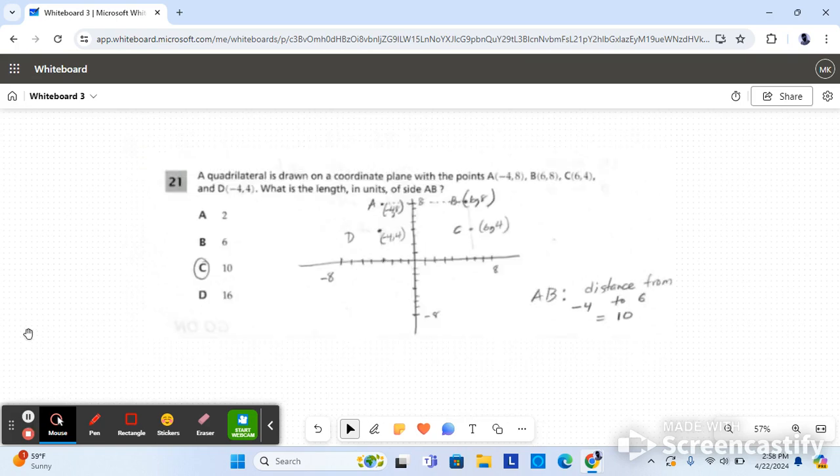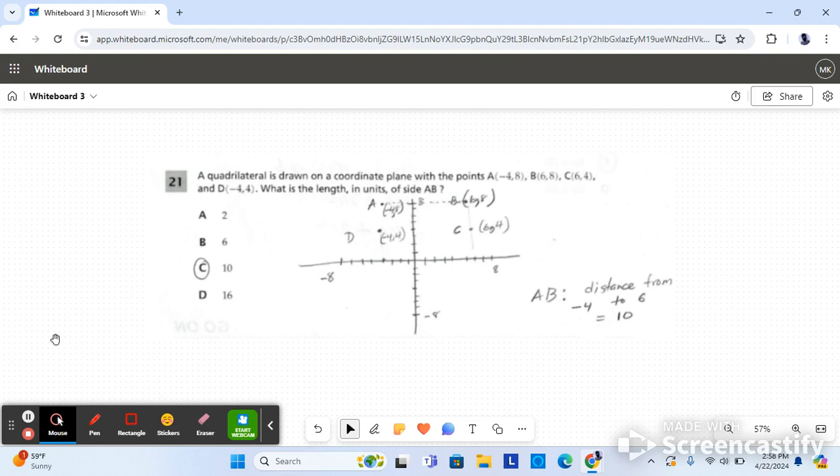For question 21, it says a quadrilateral is drawn on a coordinate plane with the points A equals -4, 8, B equals 6, 8, C equals 6, 4, and D equals -4, 4. What is the length in units of side AB?